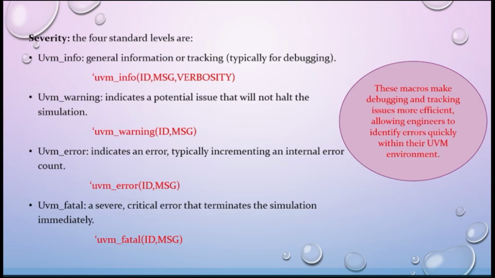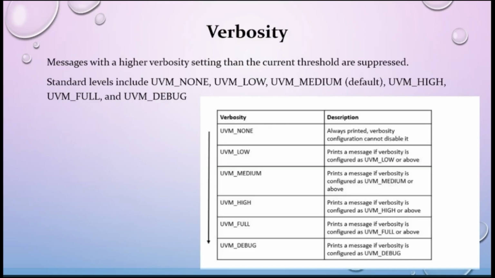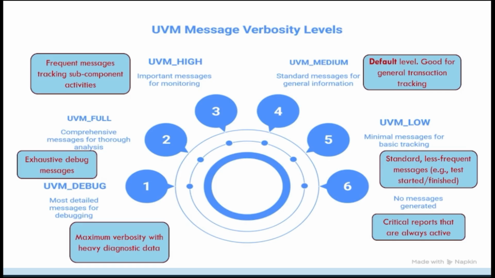Depending upon the priorities, if there is UVM debug, the report handler first sends that particular message to the UVM report server for monitoring. For example, if there are two levels like UVM low and UVM medium, first UVM medium is displayed and then UVM low is displayed. Clear? This is how the prioritization takes place in displaying messages, right?